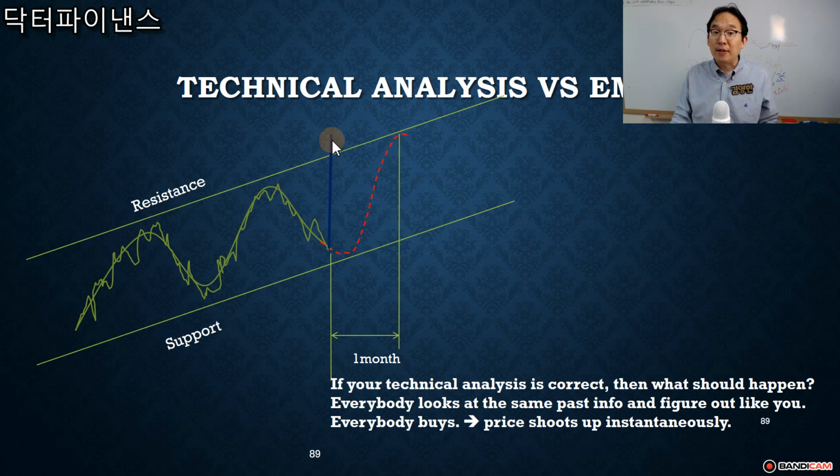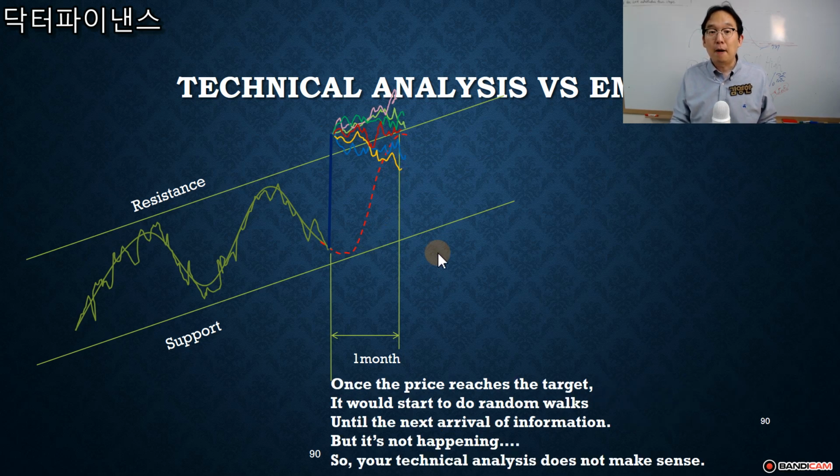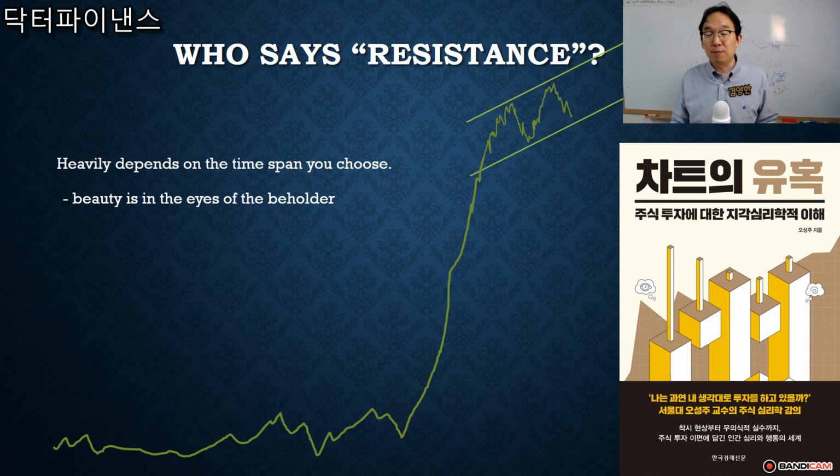And then the price must have been shooting up to the target price already, so that there will be no room for you to make money. Okay? And then the price will start to do a random walk. That's EMH, right? Efficient market hypothesis.